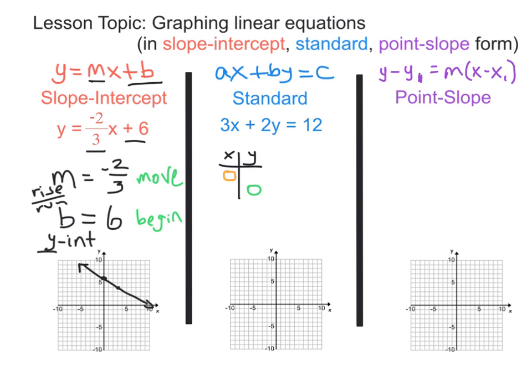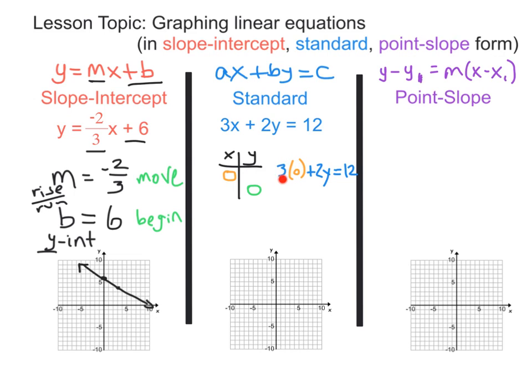So the first thing we're going to do is put a 0 in for x. Here's our x. We're going to put a 0 in there. So we have 3, and then we're going to put a 0 for x, plus 2y equals 12. Now what's nice is whenever you put a 0 into an equation, when multiplying by 0, it becomes 0, which makes it a lot easier to simplify.